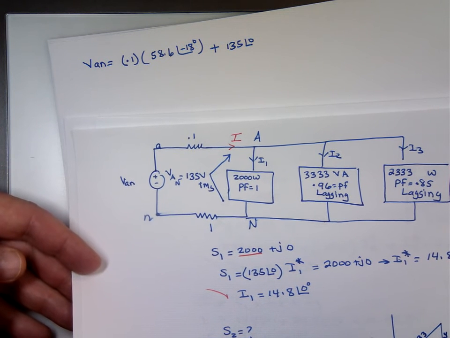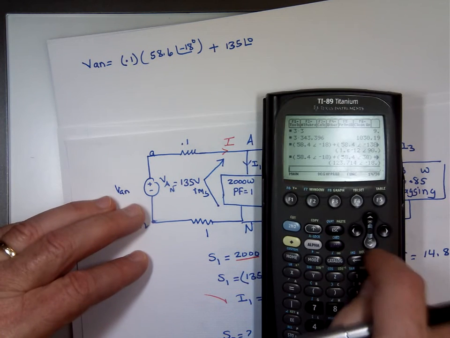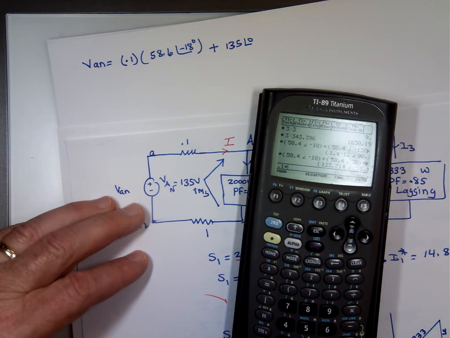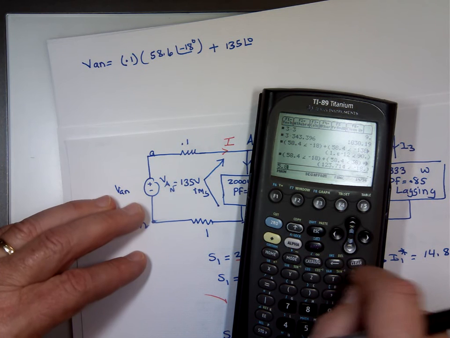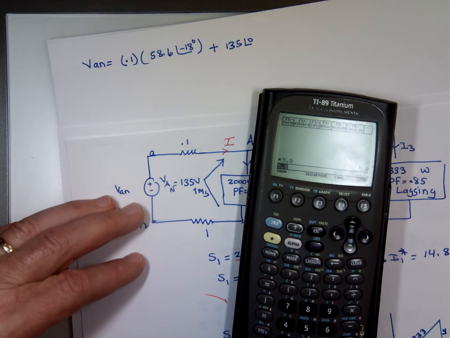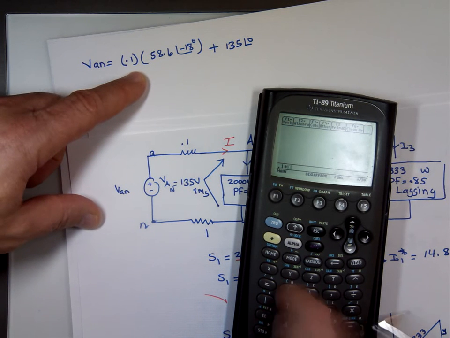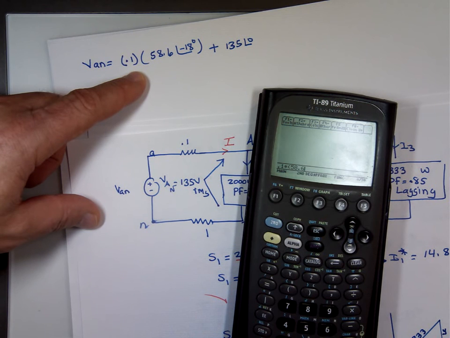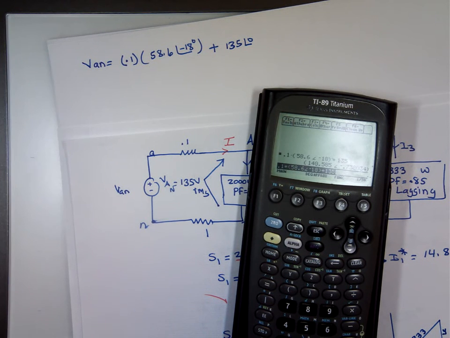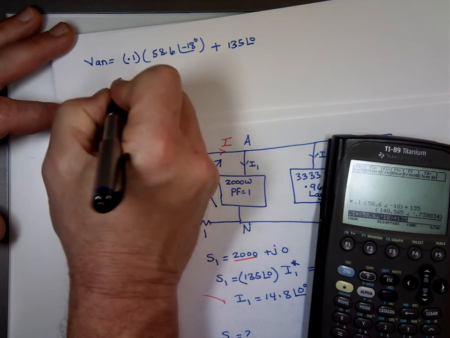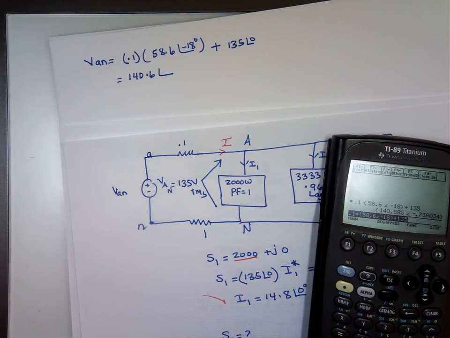Look at this. Multiply the numbers. 0.1 times 58.6 angle negative 18 plus 135 angle 0, you end up with 140.6 angle almost 0. Angle negative 0.7 volts.